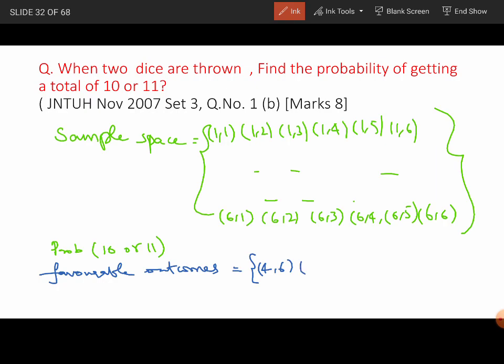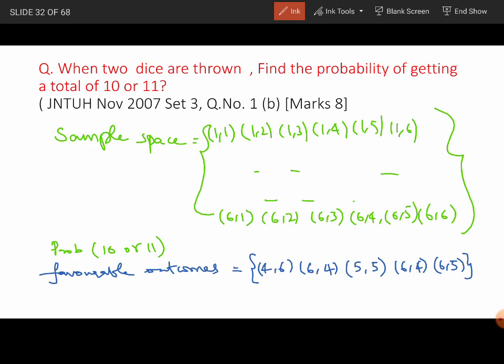When it is 4, 6, we can also write 6, 4. Then 5, 5, which gives you 10. And then 6, 5. These are the possible outcomes for the sum to be 10 or 11.